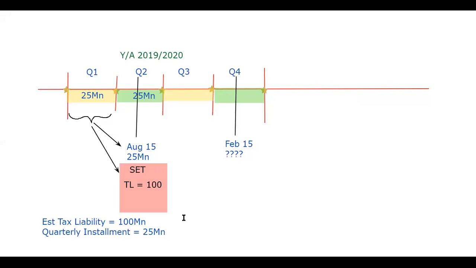I will draw that as well. Due to the COVID-19 situation, the company's tax liability equals 80 million.